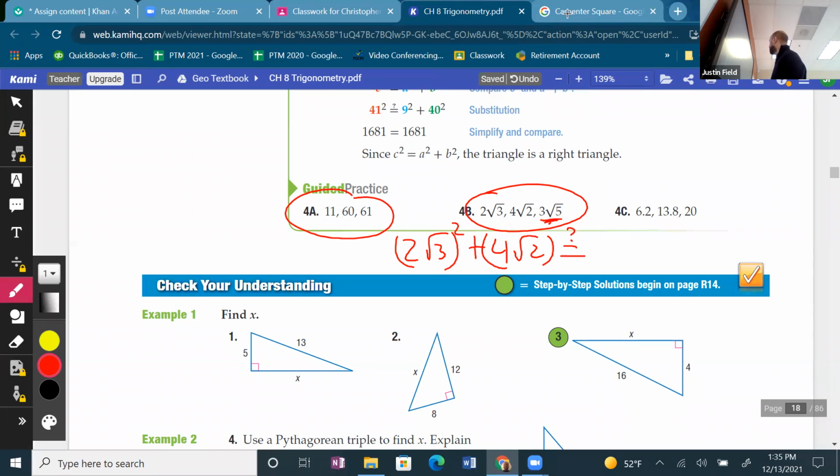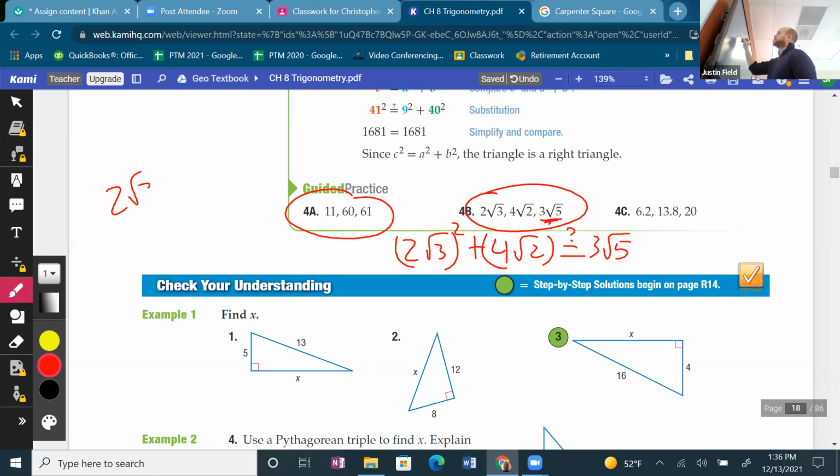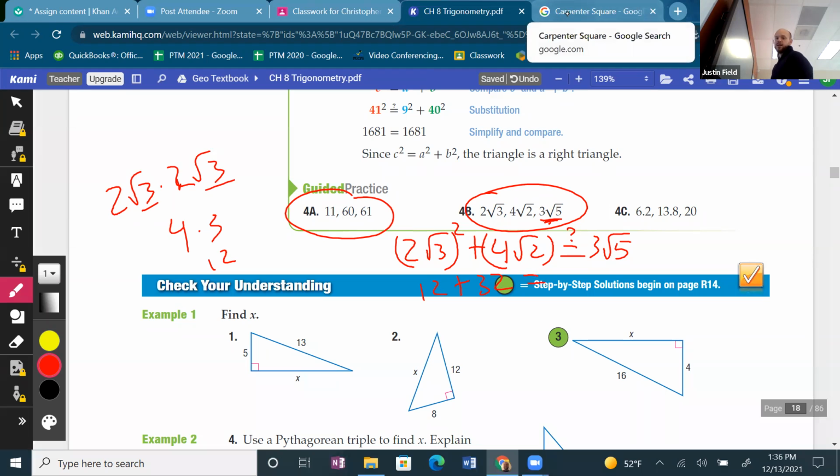Is it less than 3 root 5 squared? So what is 2 root 3 squared? That is 2 root 3 times 2 root 3. 2 times 2 is 4, and root 3 times root 3 is 3, and this is 12. Everyone got that? So it's 12. And then 4 squared is 16 times 2, 32. And then 9 times 5 is 45.